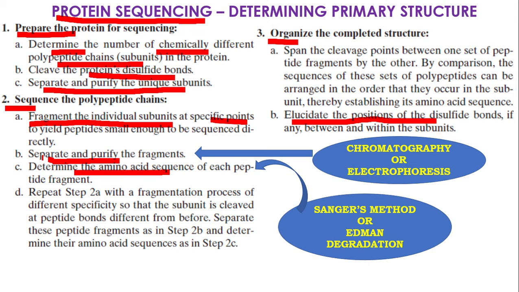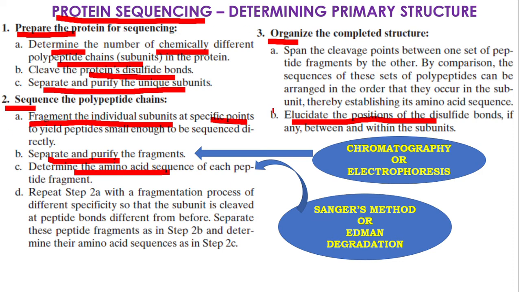How do we separate and purify the fragments of polypeptide chains? By chromatography or by electrophoresis. How do we identify the sequence of amino acids on the smaller peptide fragments or oligopeptides? By using Sanger's method, Edman degradation, etc.